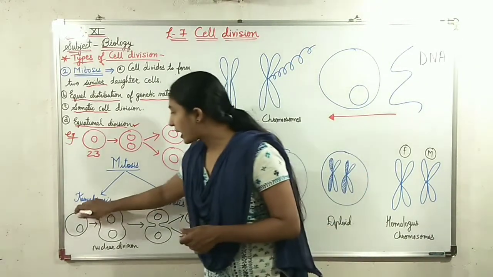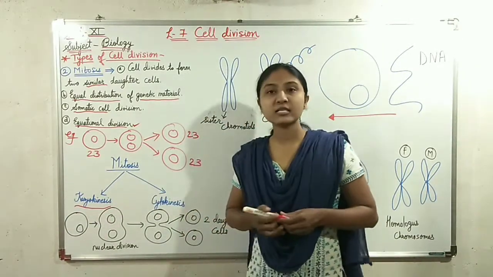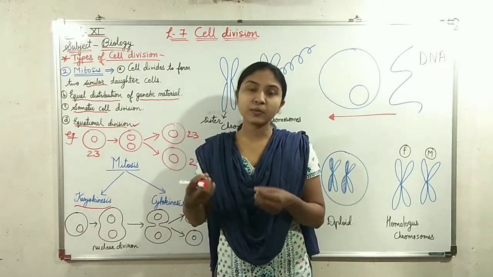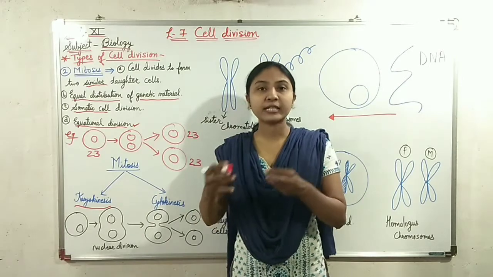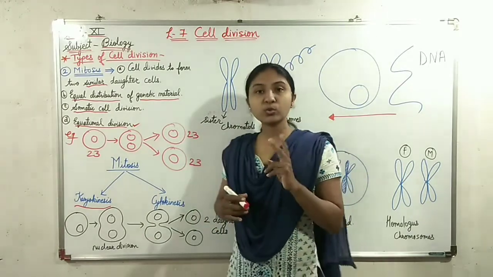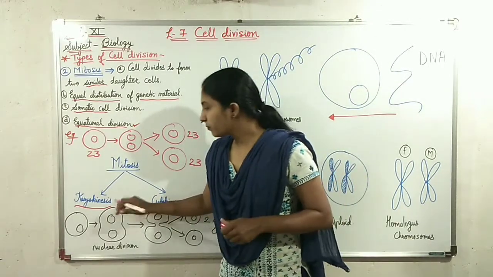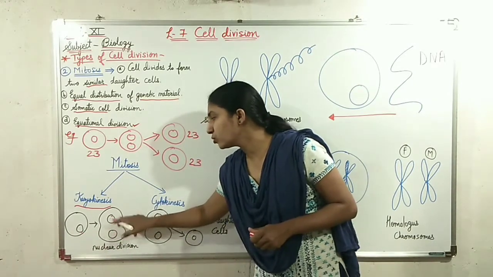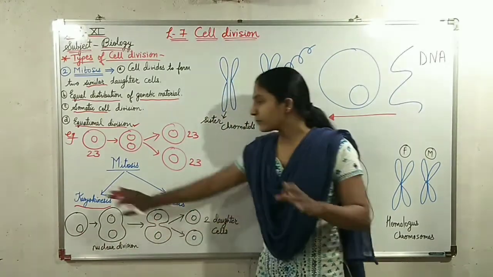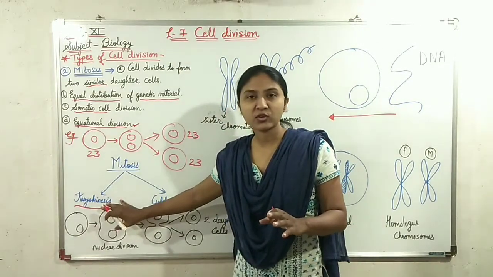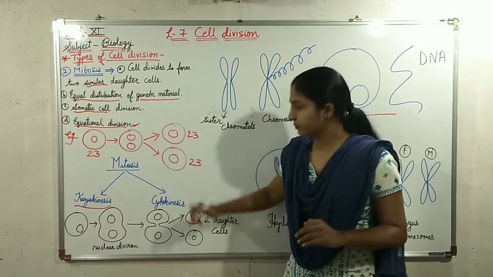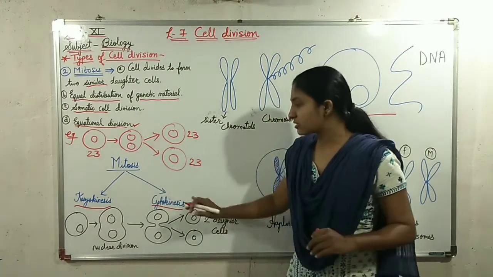In karyokinesis, as we said, it is a nuclear division. So the nucleus present inside the cell divides into two daughter nuclei, and after this process of karyokinesis, the process of cytokinesis occurs.